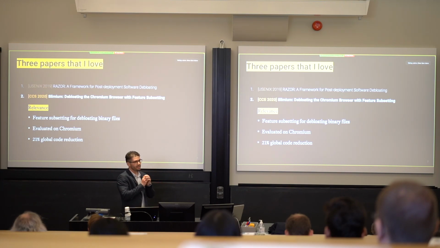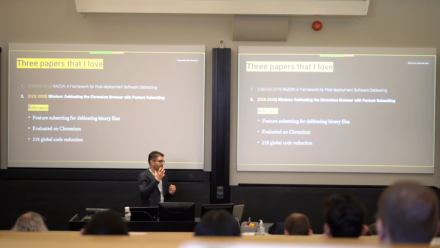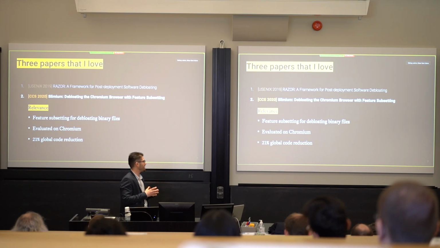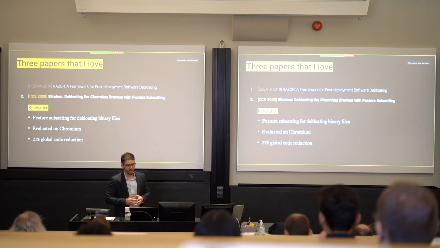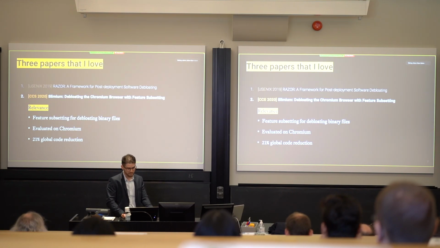And then, given these features that they want to debloat, using dynamic analysis, they run Chromium, perform the debloating analysis, and then remove the features that were wanted. And they achieved 21% of code reduction in Chromium, which is actually a milestone.